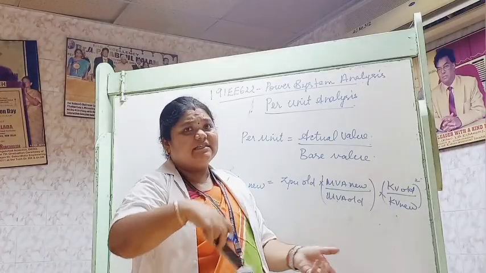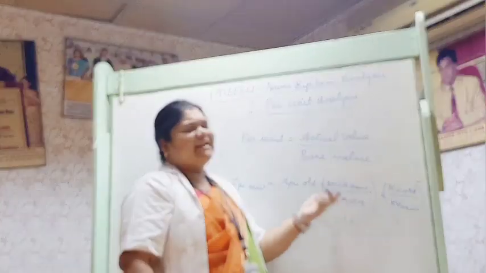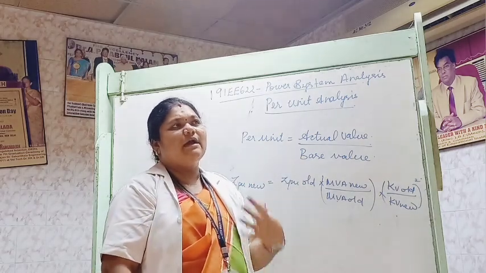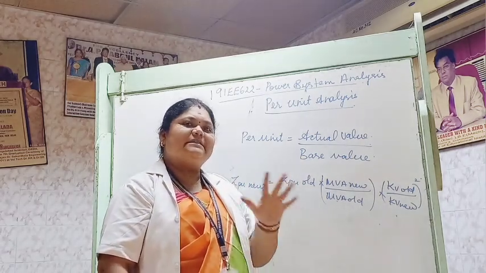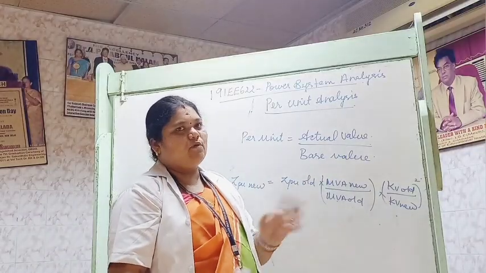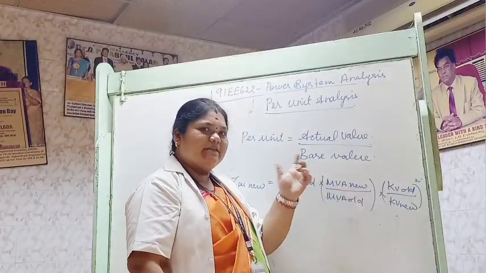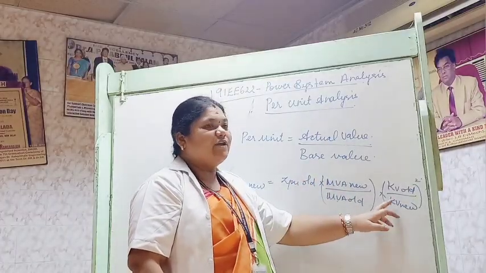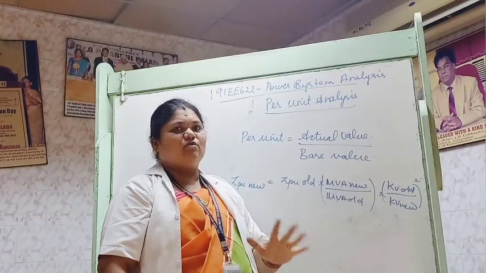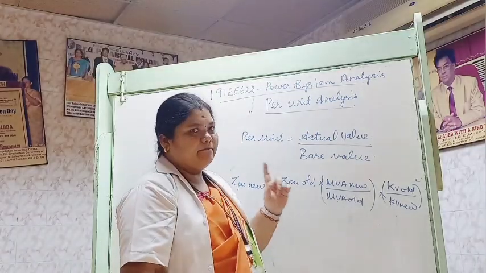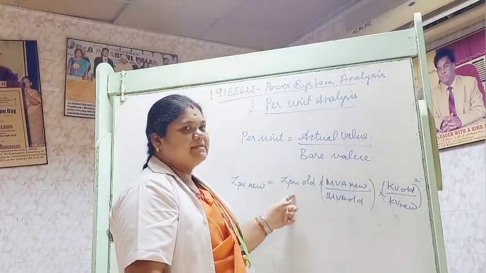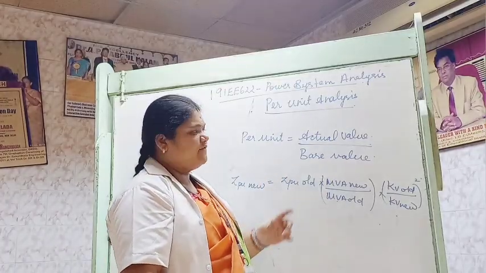The new base MVA value will be the same throughout the problem, where only the kV value changes after the transformer. So this is the basic formula, and this is the modified formula for each and every component.